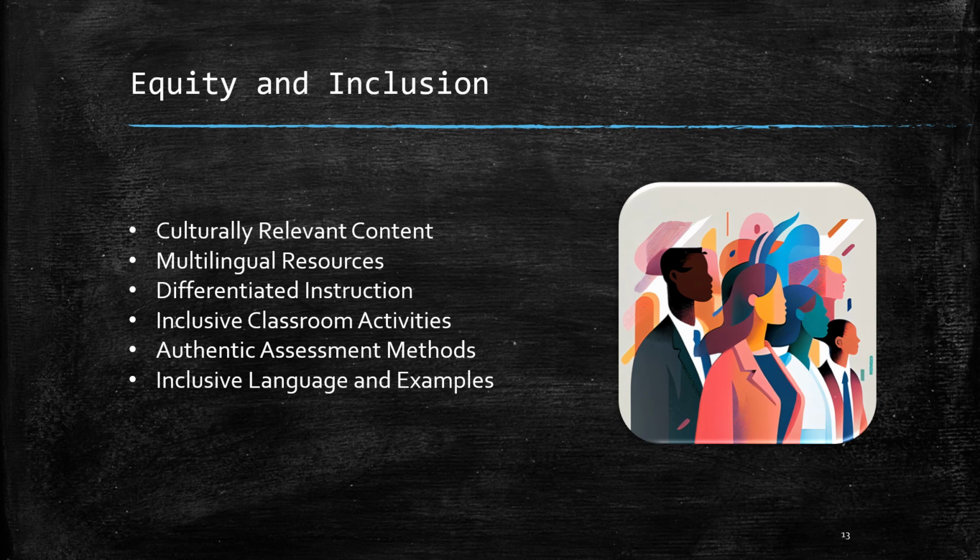Culturally relevant content. Multilingual resources. Differentiated instruction. Inclusive classroom activities. Authentic assessment methods. Inclusive language and examples. You can find details related to these items on the document associated with this presentation through the Learning Management System.